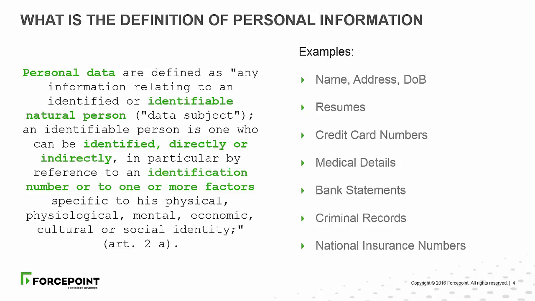So things like physical, psychological, mental, economic, cultural, social identities, pieces of information that could allow someone to determine who a human being is, and maybe use that to fraudulently pretend to be that person. There are a bunch of examples on the right there, but it's pretty understandable that these are things that are going to allow a malicious entity to take advantage of an individual's identity.